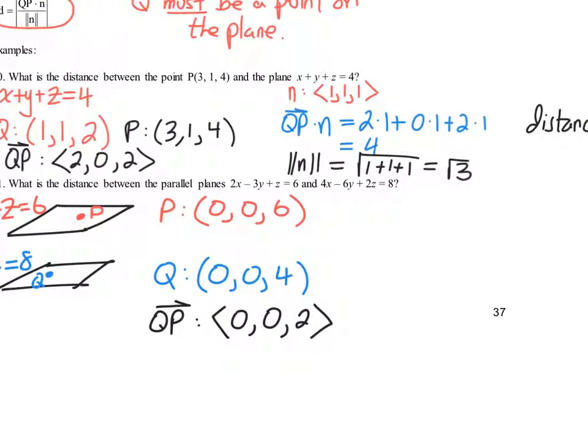So n is (4, -6, 2). All right, so I need to dot QP against n. And like I said, it's a very easy calculation in this case because we designed it to be so.